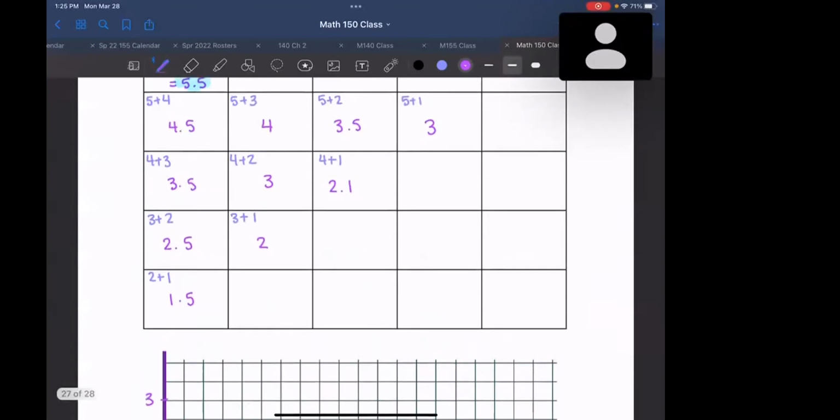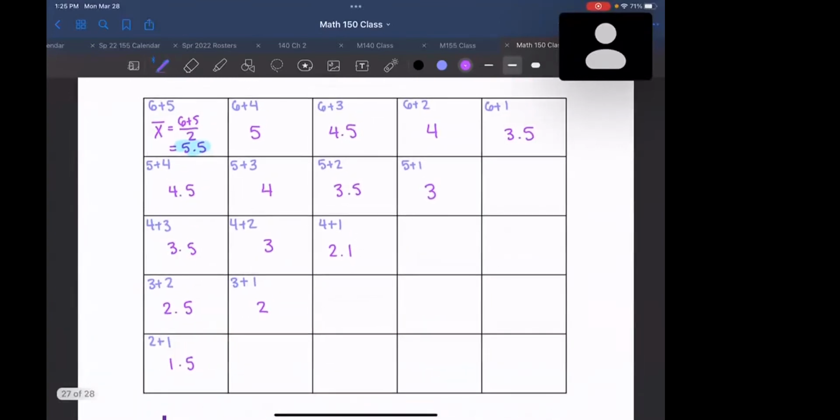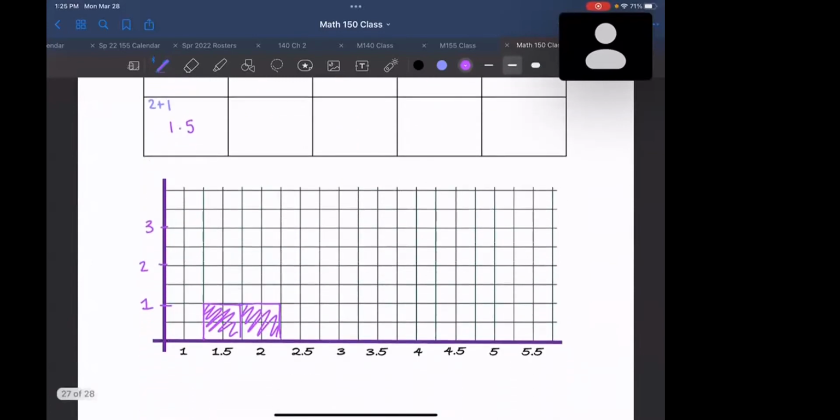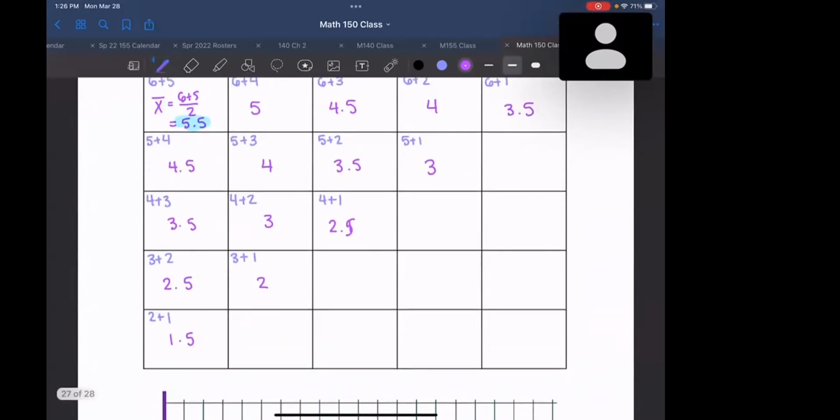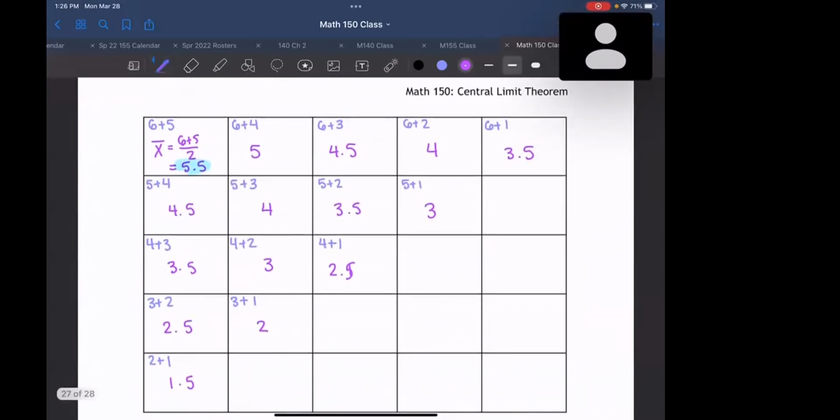Okay. How many 2.5s do you guys see? Oh, yeah, 2, right? I think I wrote one of these wrong. 2 2.5s. All right. I guess there's 2 3s. Everyone agree with that? All right. Okay, we got 2 3s. How many 3.5s do you guys see? 3, good.